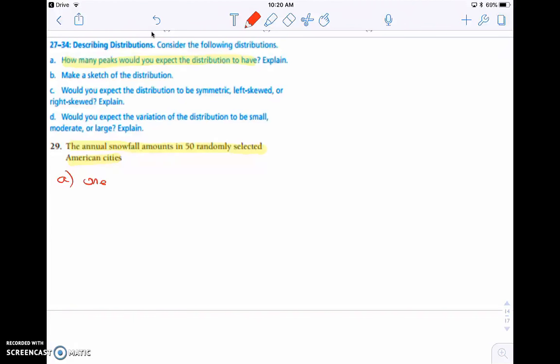Okay, in this case, it's pretty safe to say that we would generally expect one single peak, where the majority of the cities are going to be in a single range or area. They're going to be pretty tight knit together.